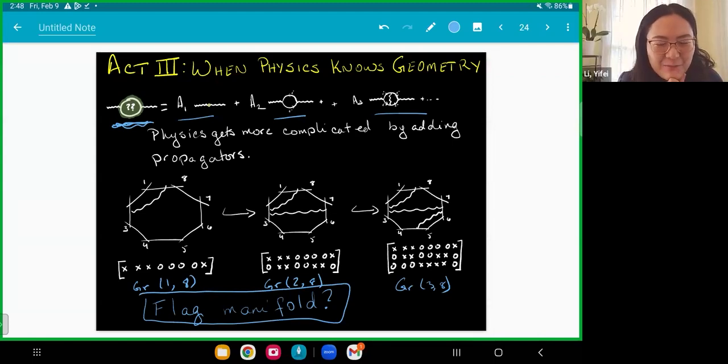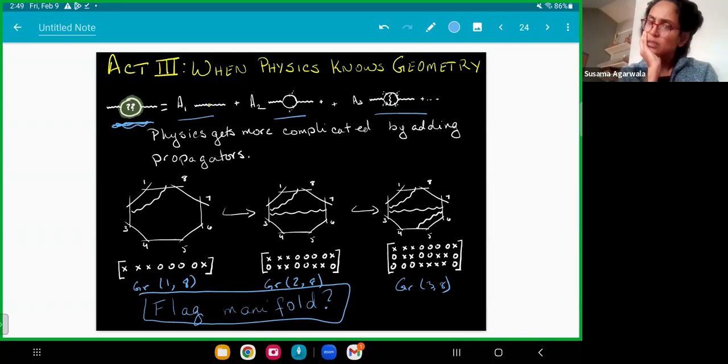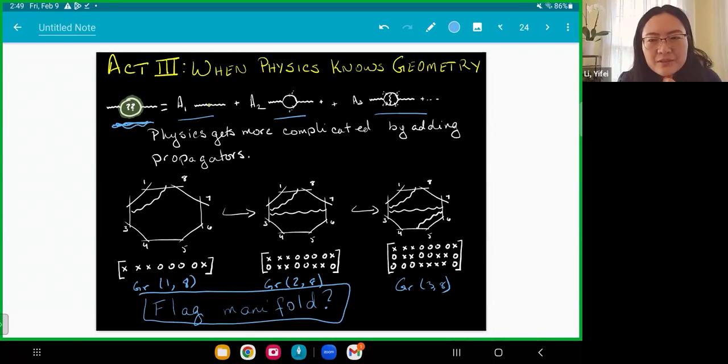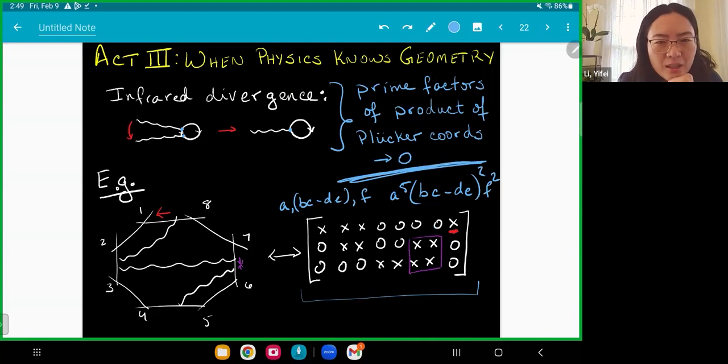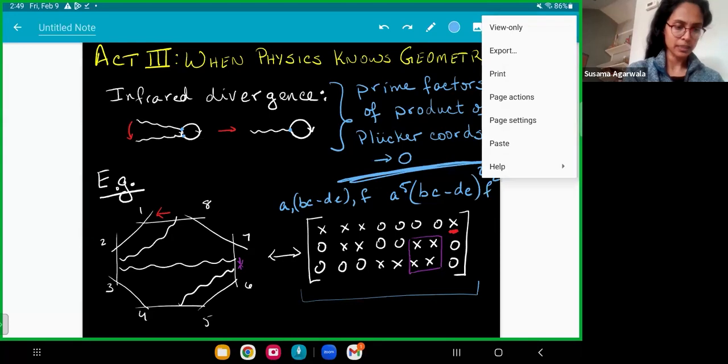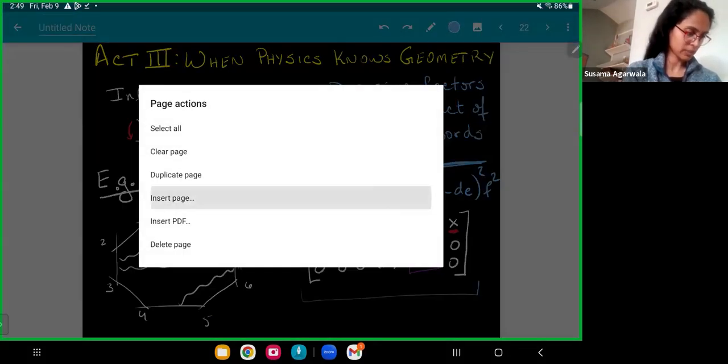Yes, right. Could you explain a little bit more about the prime factors? I was a little bit confused about how to get the prime factors in. Okay, so let me actually just do this. Let me do page actions. Maybe I can insert a page. Yep, there we go. Okay, and let me just start with a simpler example. I'm going to do 6.